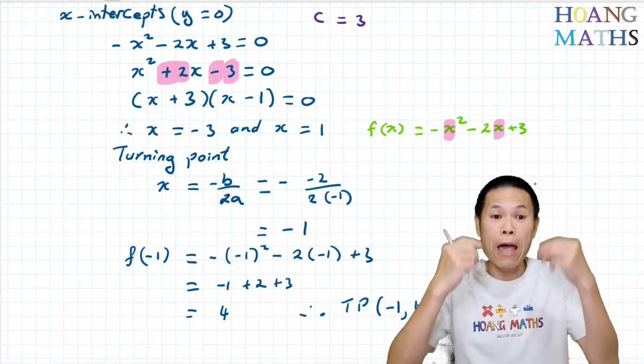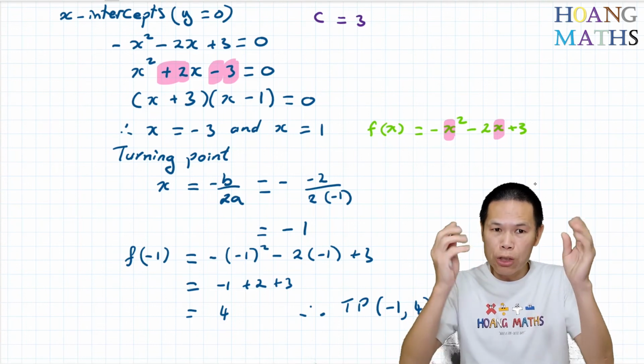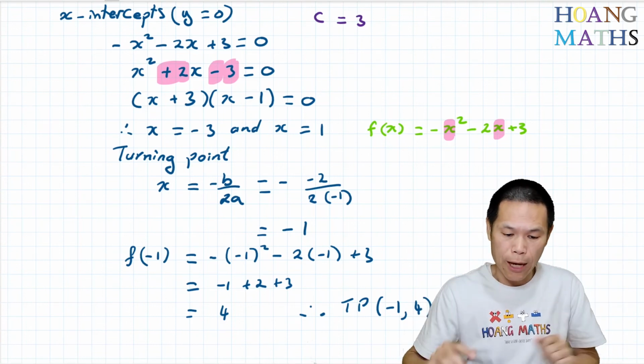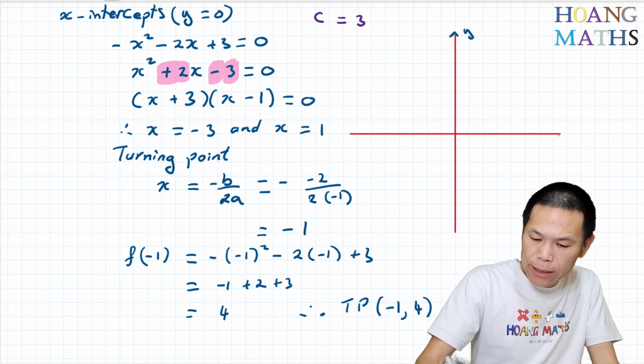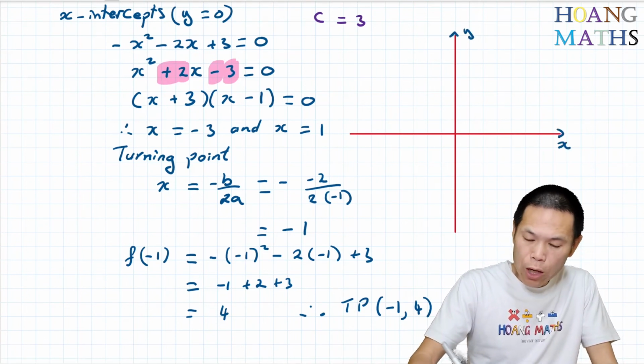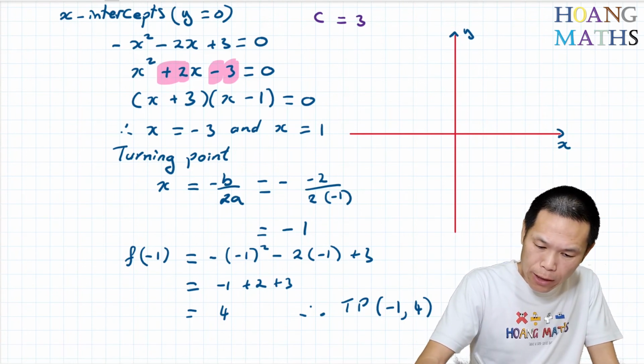So now that we have the y-intercept, x-intercepts, and turning point, let me just graph the parabola first. So that is the y value, or f of x, and this is x. We know the turning point is negative 1, 4, just roughly. So negative 1, 4 here somewhere.